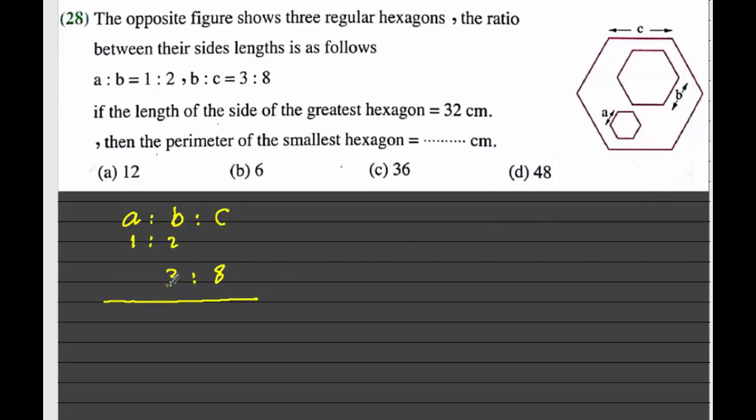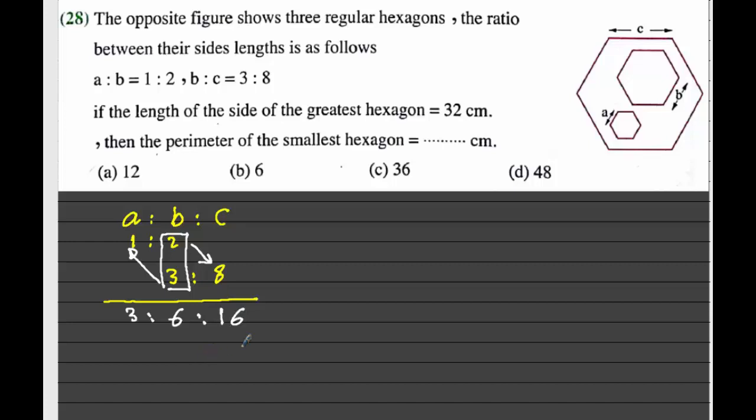Now how do we find A to B to C? 2 multiplied by 3 is 6, and 3 multiplied by 1 equals 3 here, and 8 multiplied by 2 equals 16.